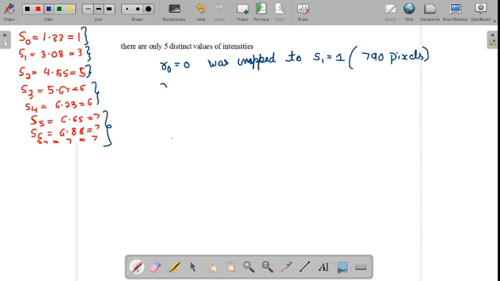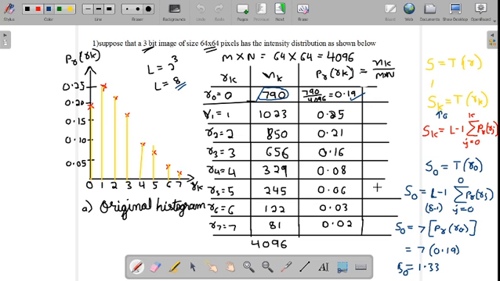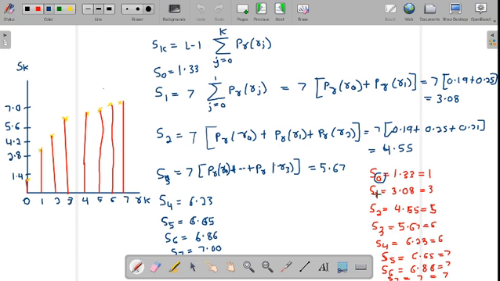So R1, next value is what? R1 is mapped to which value? R1 is mapped to 3.